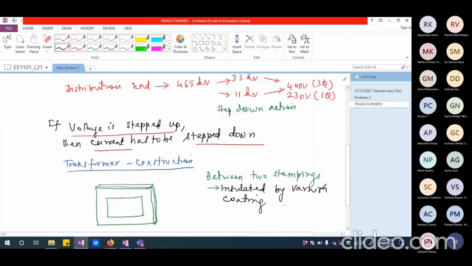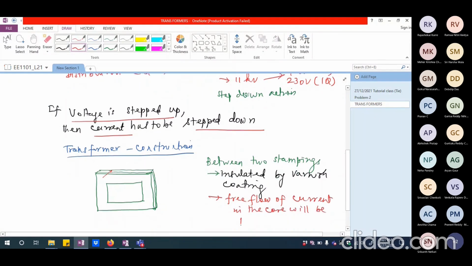So we will have to have some kind of insulation between the two layers of stamping so that the current does not have a thoroughfare. You will not be able to pass a current through the stamping like this. That will not be possible. So this will avoid thoroughfare of current or free flow of current in the core, by having this kind of insulation between two adjacent stampings.